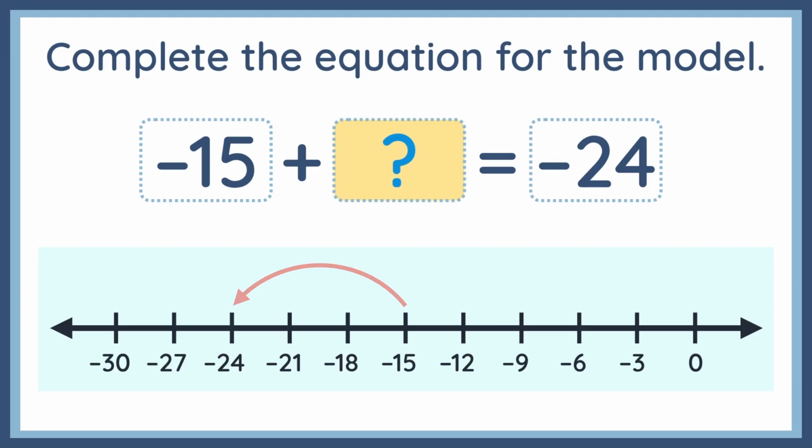Well, the arrow shown is moving to the left on the number line, and we know that moving to the left means we are adding a negative number. This number line counts by 3s, so we can see that we have added negative 9. So the equation that matches this model is negative 15 plus negative 9 equals negative 24.